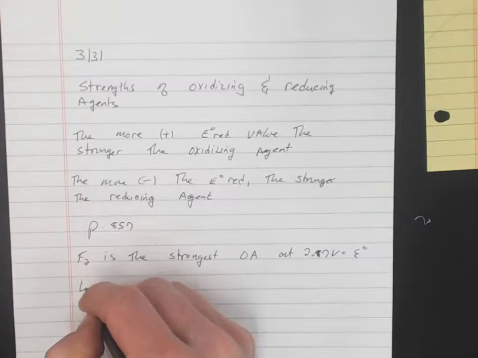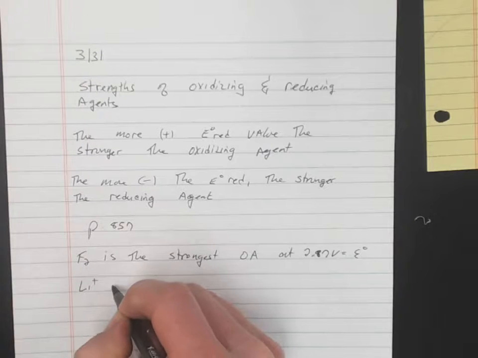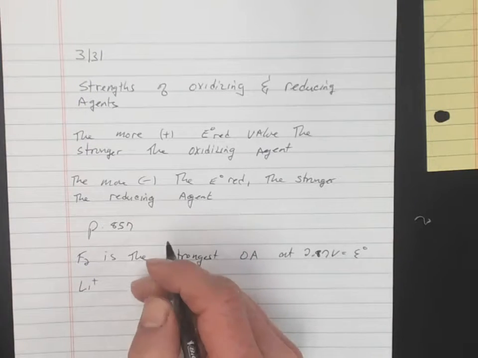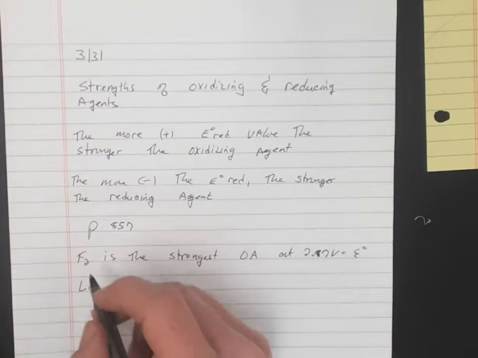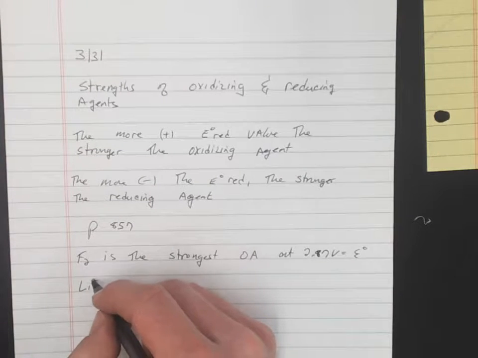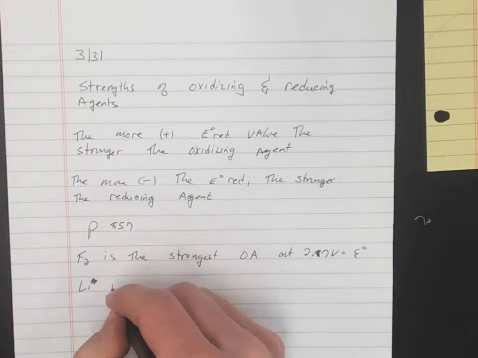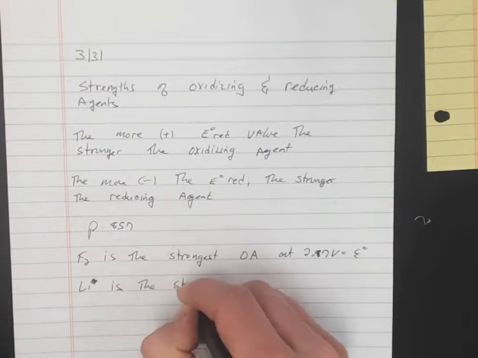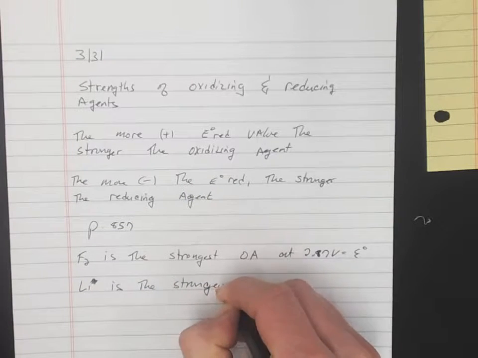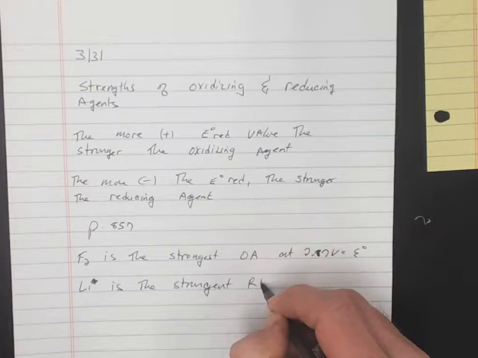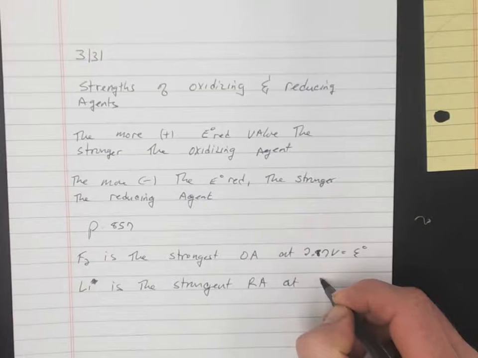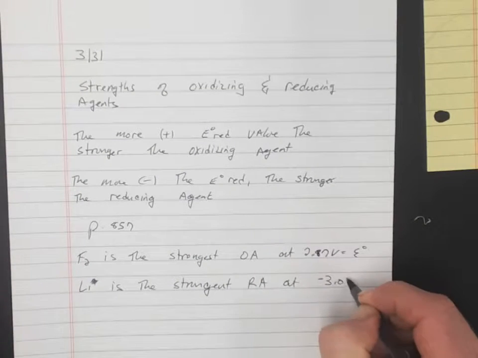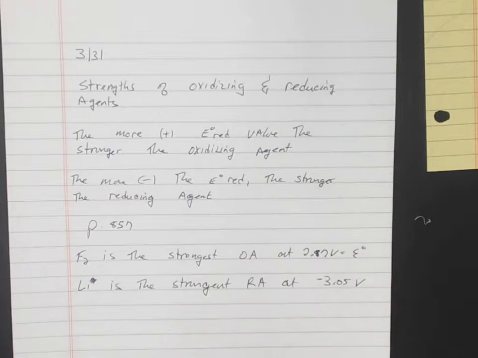And we would say that the Li plus ion, actually I'm going to call it the Li atom, is the strongest reducing agent at negative 3.05 volts.